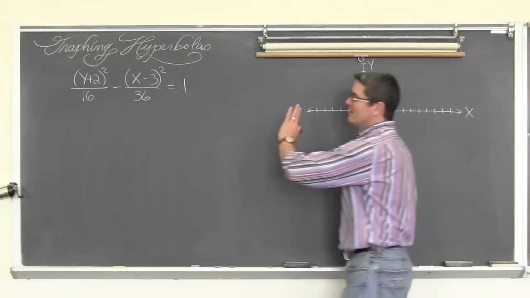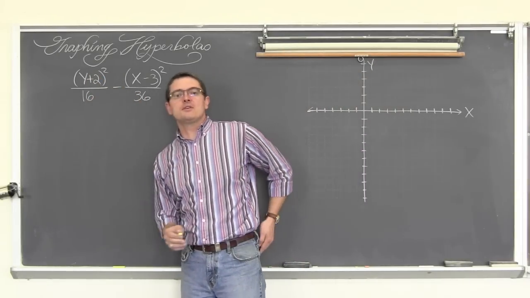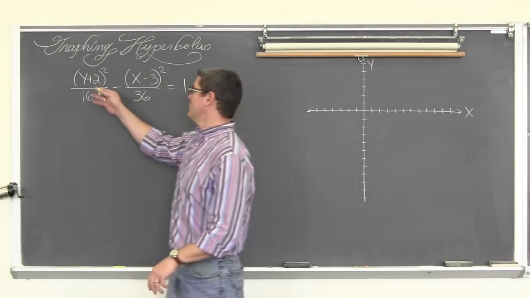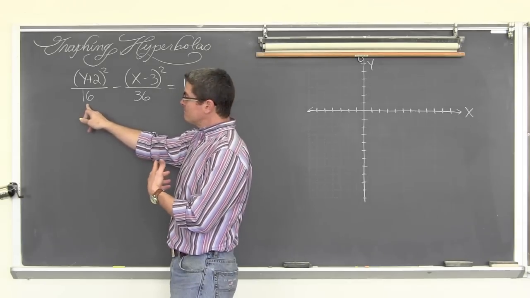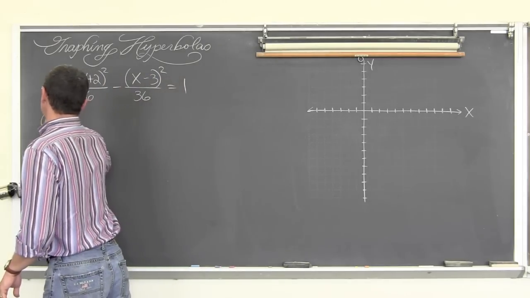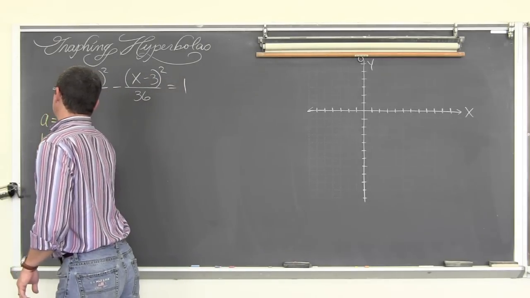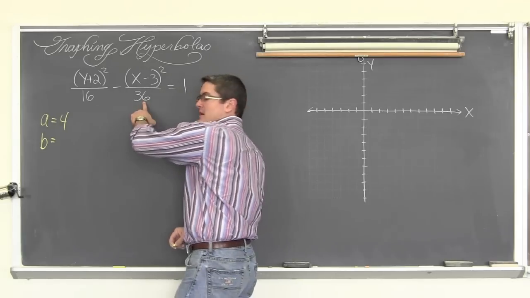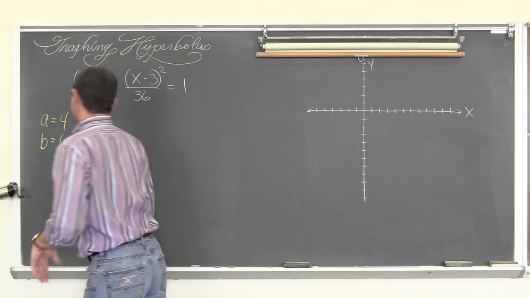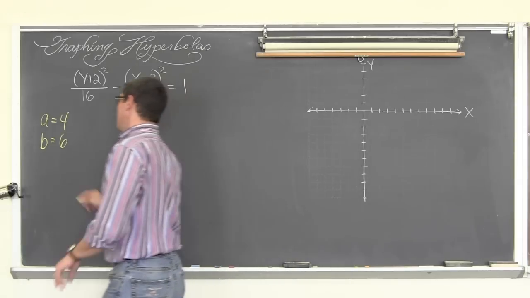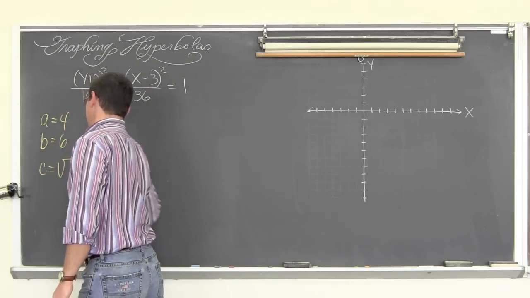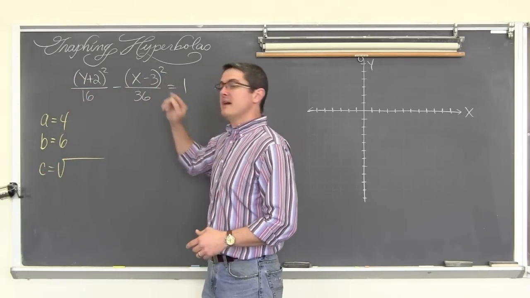Okay, this one is going to open up vertically. So A is going to be the square root of the positive denominator, so A is going to equal 4. B is going to be the square root of 36. And in this case, A is smaller than B. No big deal with hyperbolas. C is the square root of A squared plus B squared.